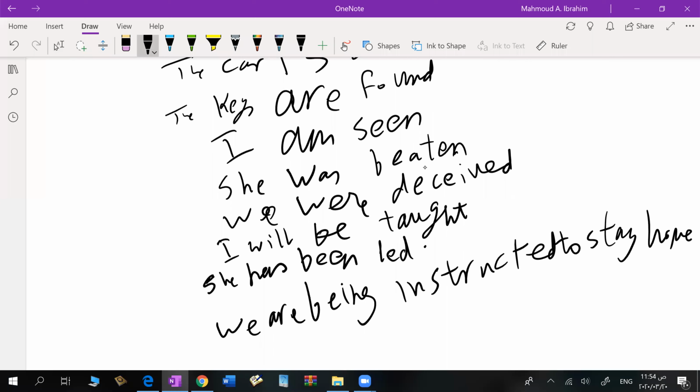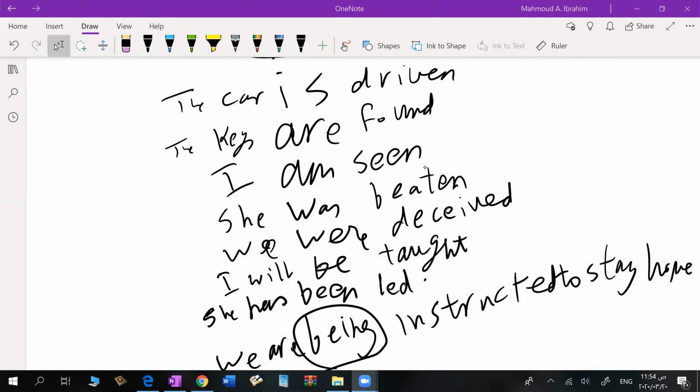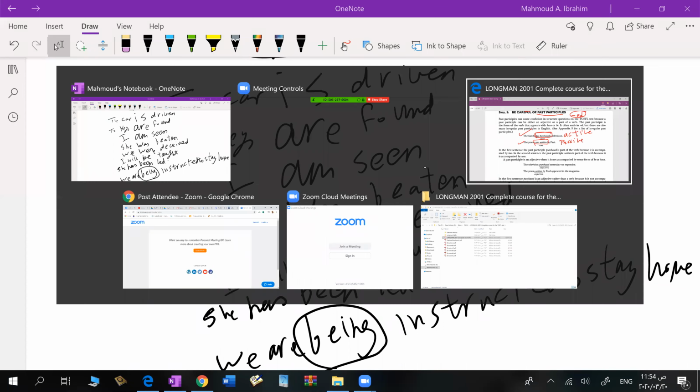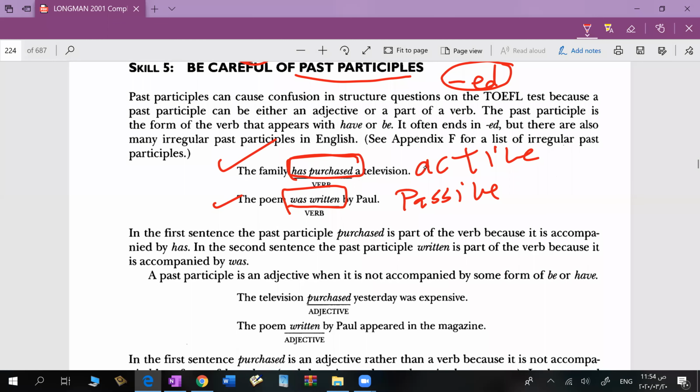Okay, so being again. So these are all the forms of be. When you find the verb be followed by past participle, this is passive. And when you find has or have or had followed by past participle, this is present perfect or past perfect.